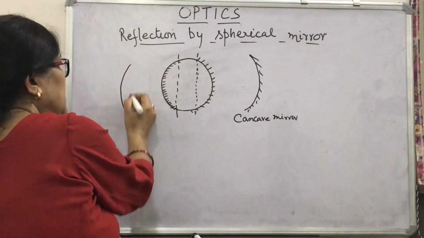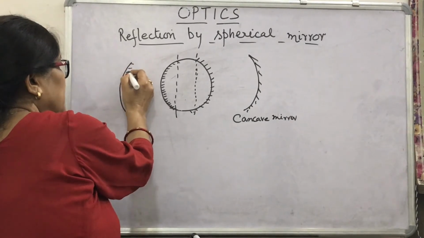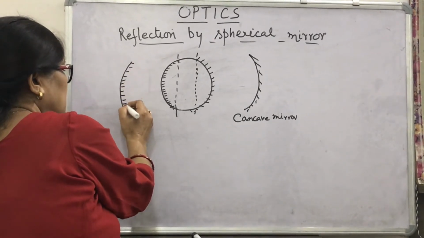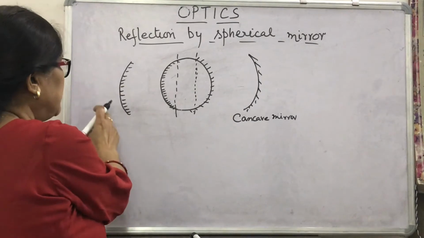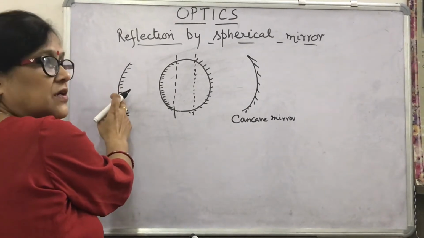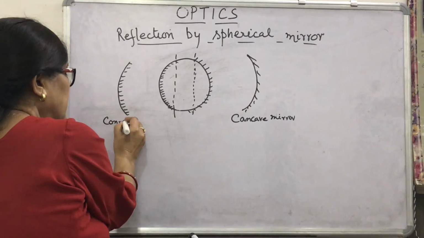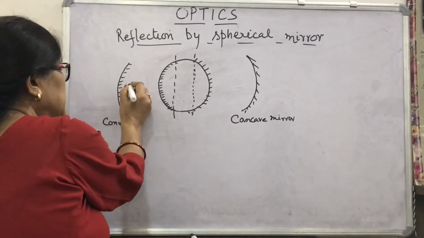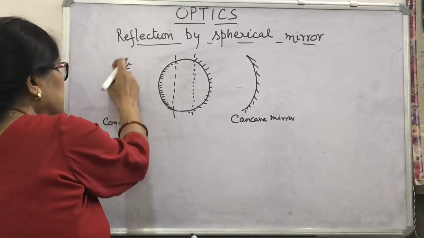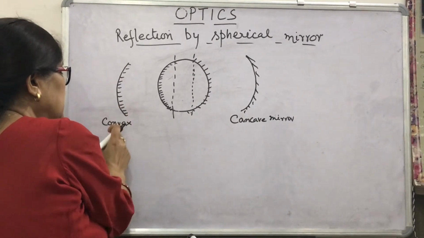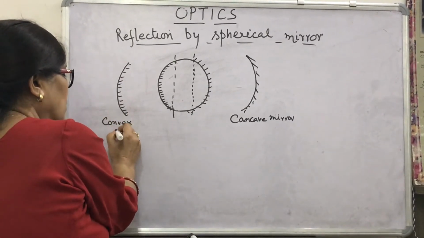This will be a spherical mirror which has the reflecting surface as this bulging one. So from the convex side reflection takes place. That's why this reflecting surface is convex and its name is convex mirror.